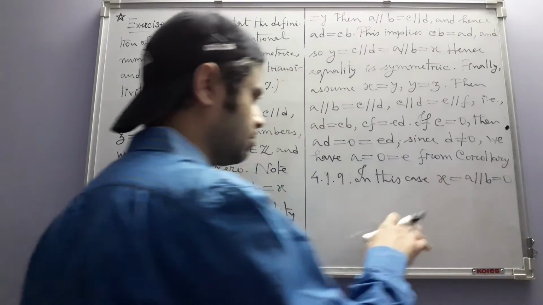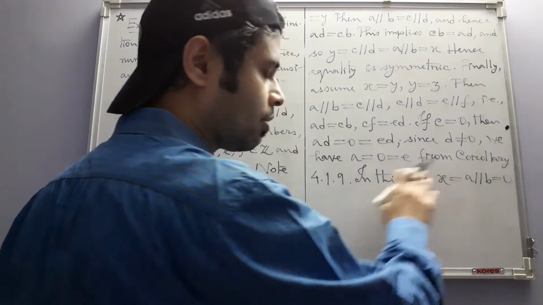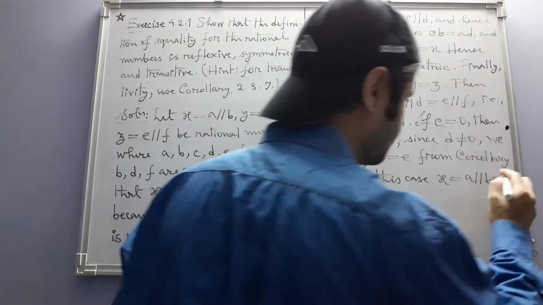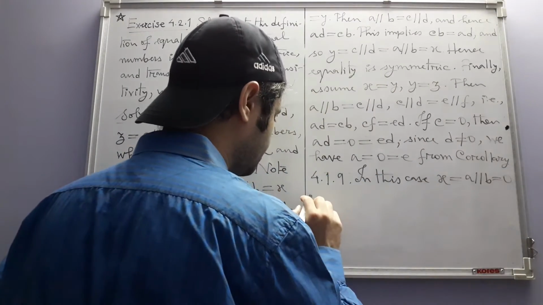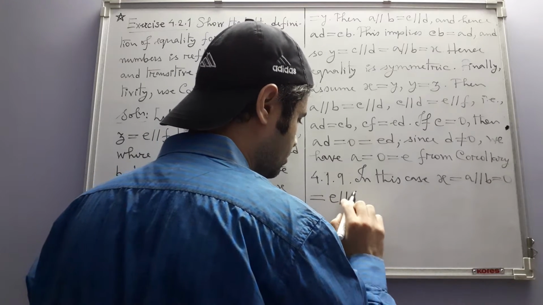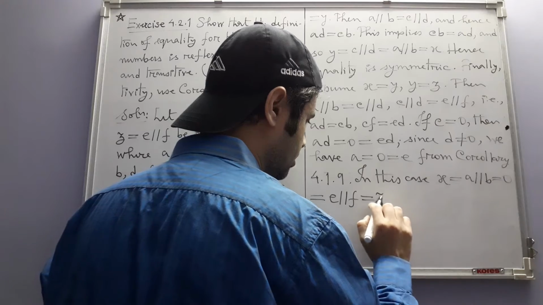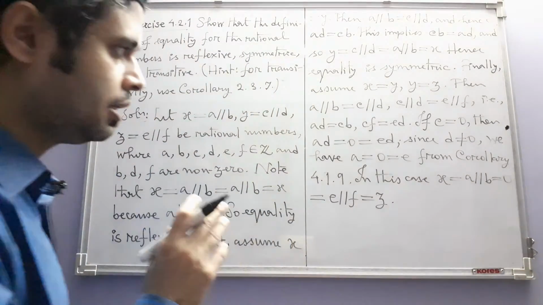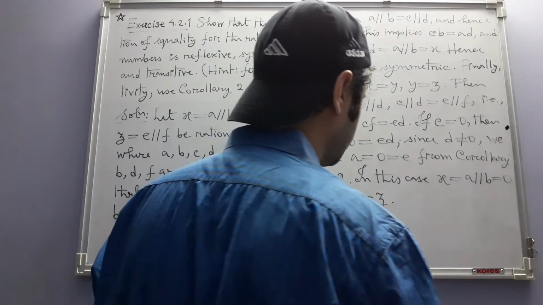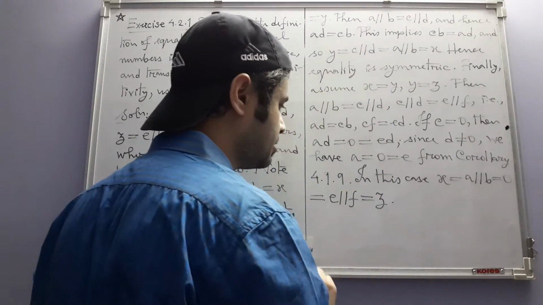I am trying not to call it the numerator because there is no the numerator. Okay, so this is equal to 0 and that is also equal to e by f, which is equal to z. So in this case we have x equal to z, and that's what we want to show transitivity.